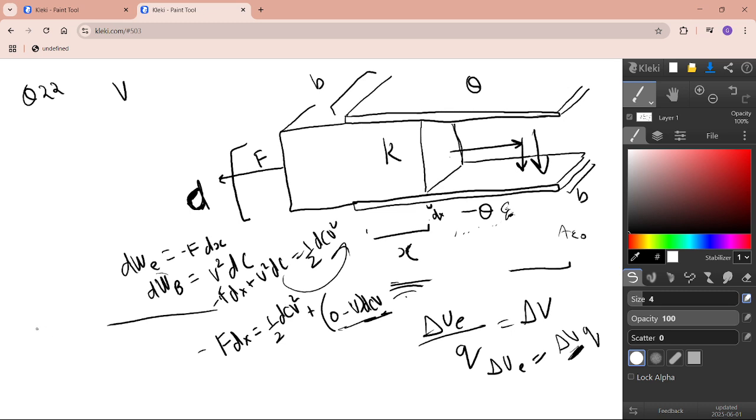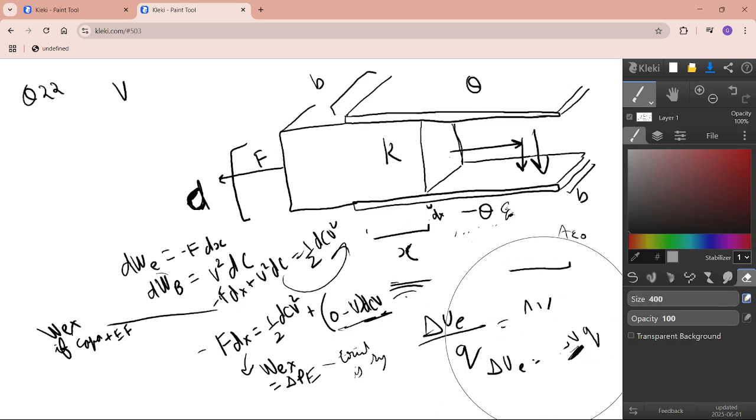This is different. It's the work done by external forces if capacitor and electric field are taken as a system, and it's equal to the change in potential energy if these electrons and the whole circuit are taken as the system. This is the same equation.